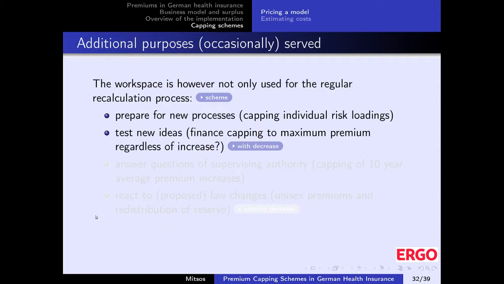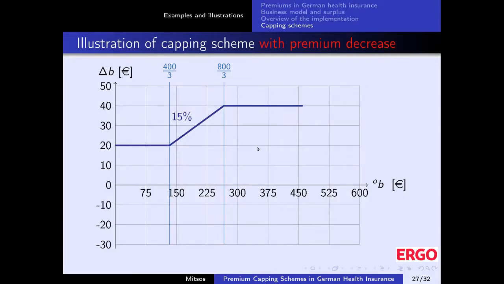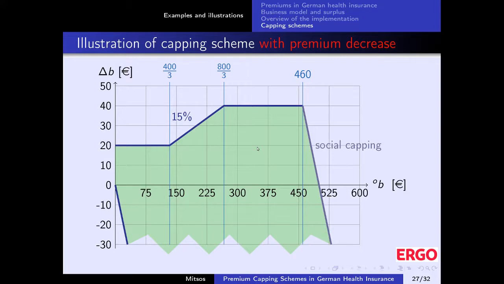And the problem is the workspace is used also for simulating new processes, proposed processes, test new ideas, answer questions, and this adds very, very much complexity. For example, a question of the board of executives 3 years ago was, what if we say that the social capping allows also a decrease in premium, so the person is pushed back to the maximum premium we want to achieve?